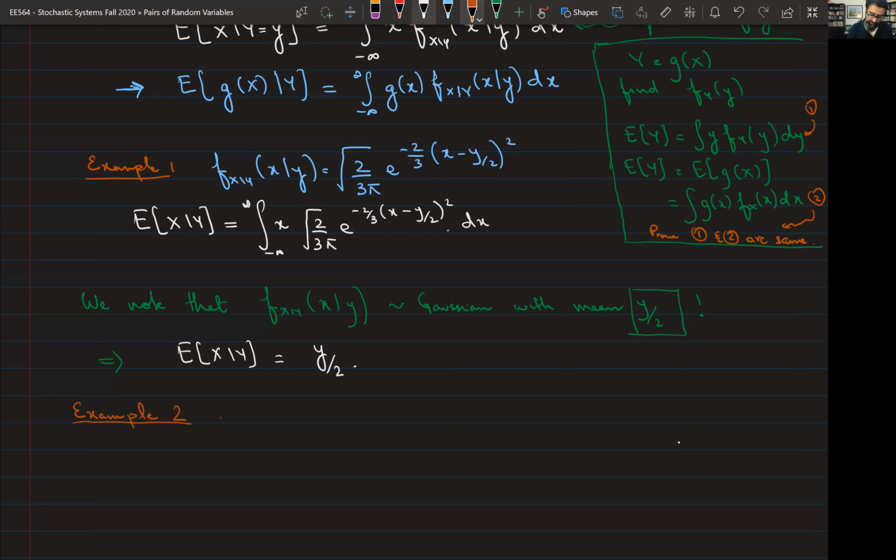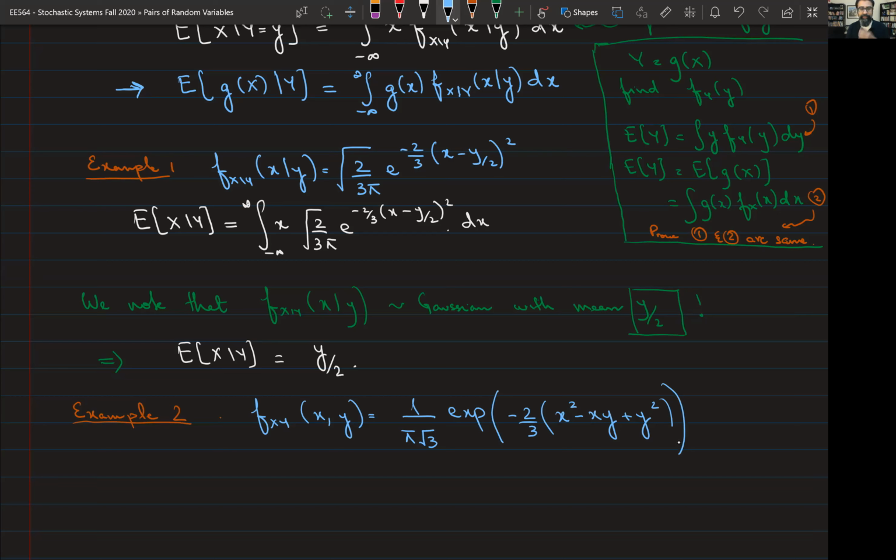So let's say you have a joint PDF given to you, f_XY(x, y) equals 1 upon pi root 3 e raised to power minus 2 by 3 (x squared minus xy plus y squared), right? And this is actually from example 5.10, which I asked you to do on your own, which was a reading assignment.